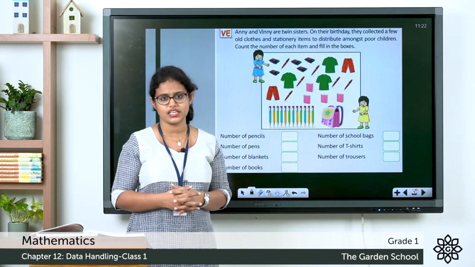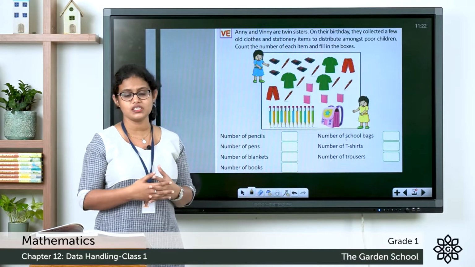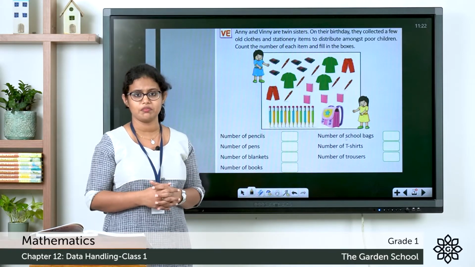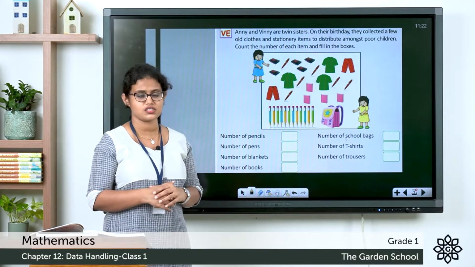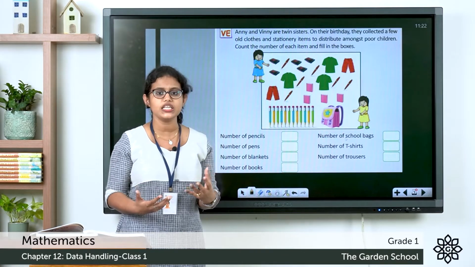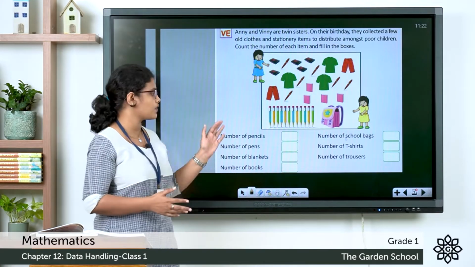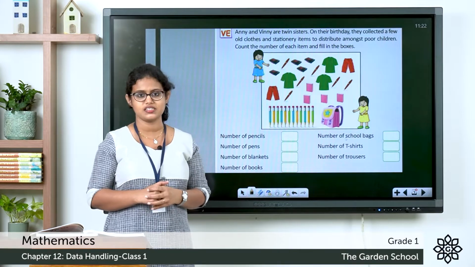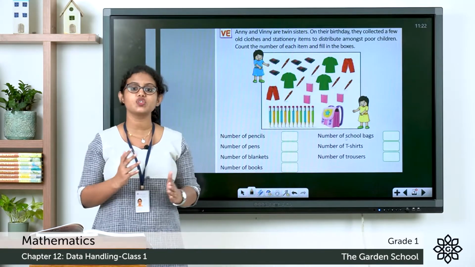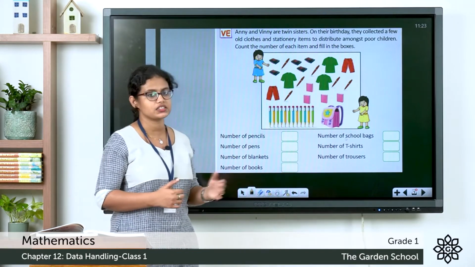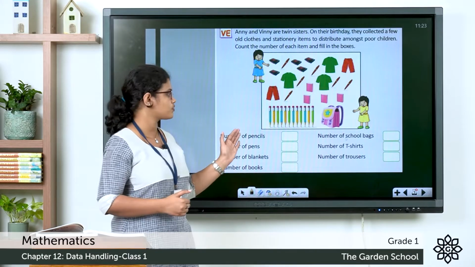There are different things, so you have to arrange them. You have to count each of the items and fill in the blanks. Count each item and then write it here.